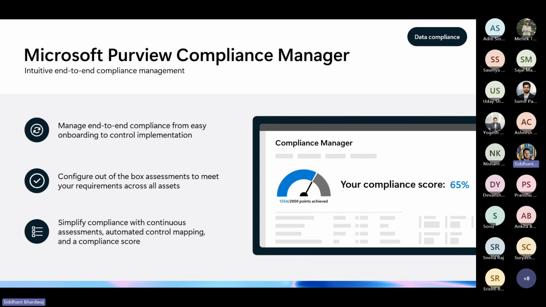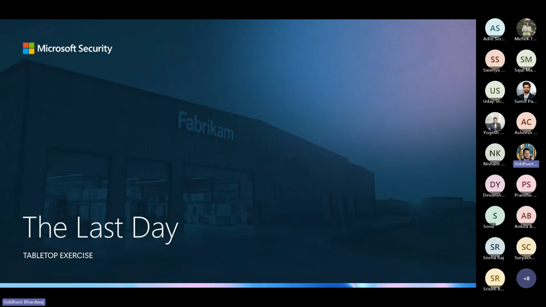You can configure out-of-the-box assessments to meet your requirements. Plus, there are compliance templates you can also utilize, which map your controls. It gives you a compliance score and continuously assesses your current readiness against a particular compliance.